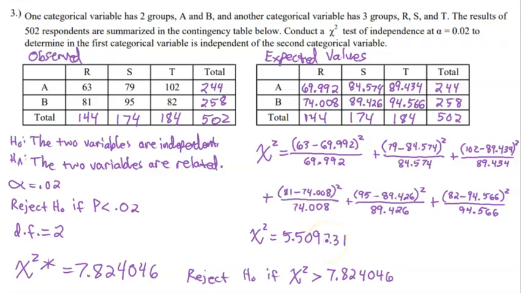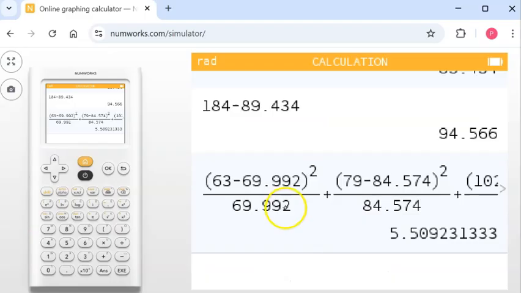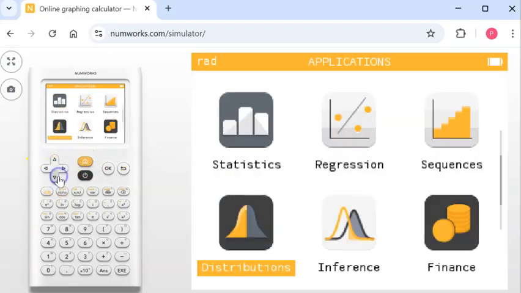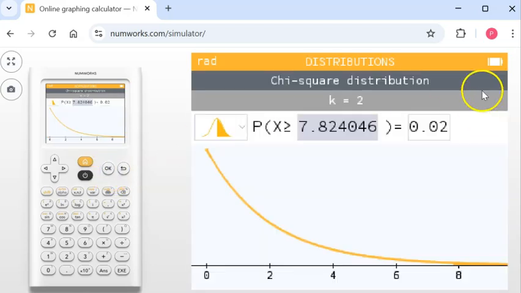That's step 5. Now step 6, we're going to get our p-value that goes along with this chi-square test statistic. So we're going to go back, we're going to go to the distribution, the chi-square distribution. It looks like it's still here, chi-squared, our degrees of freedom is 2.